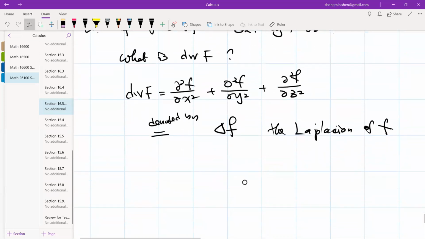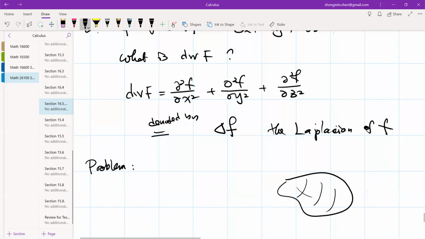Given a domain D in R3, we try to solve the equation delta f equals lambda f, where lambda is a constant, such that f is 0 around the boundary.